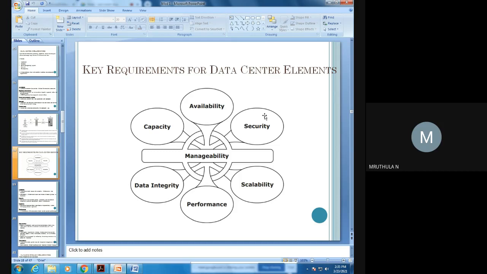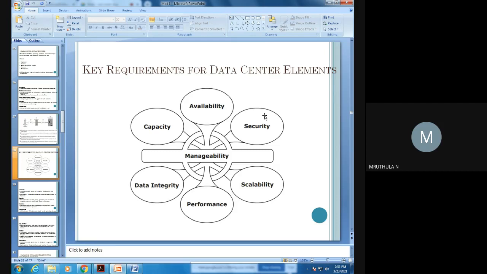Organizations must have a reliable infrastructure that ensures that data is accessible at all times. In the introduction itself, we said that we are living in an on-demand world. That is, we need information whenever we want it, whenever we require it. Okay, so the first characteristic: availability.